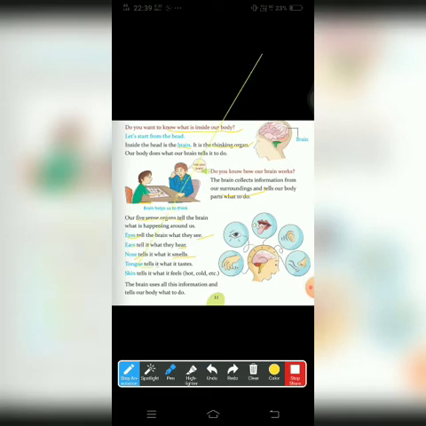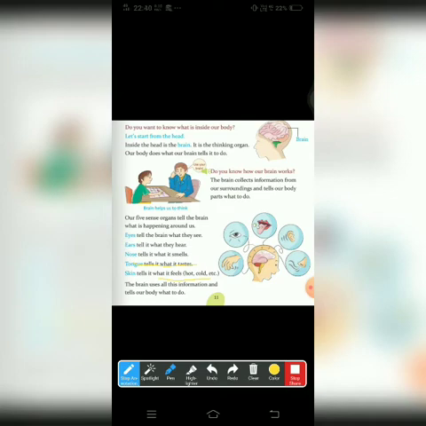The tongue tells what it tastes. And the skin tells what it feels. Suppose there is a hot utensil in front of you. You touched the hot utensil. You were unaware that it was hot. आपको पता नहीं था वो गर्म है. You touched it. Your skin felt that it was hot and instantly you moved your hand back.